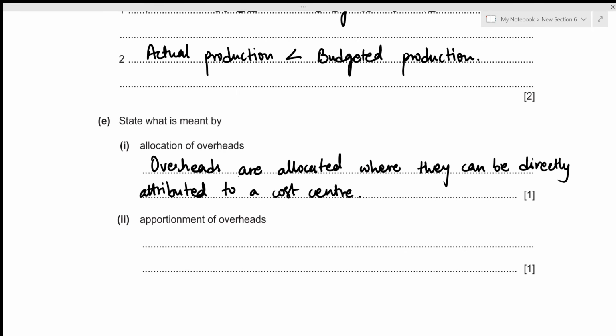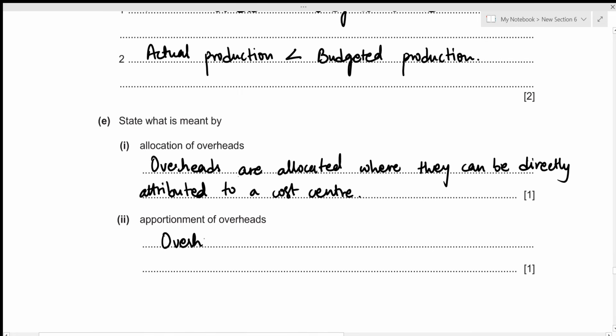Now second part is the apportionment of overheads. So overheads are apportioned where it is necessary to divide costs between cost centers on some appropriate basis. Again, relating to this question, we apportioned the cost from the service departments to the production department on the basis of percentages that were given in the question. So that will be the apportionment. Let's write that down.